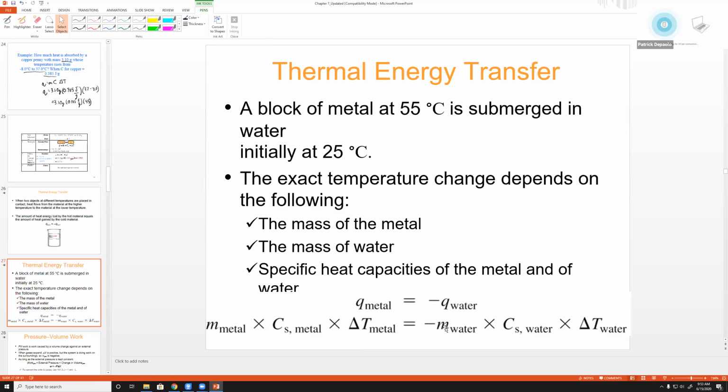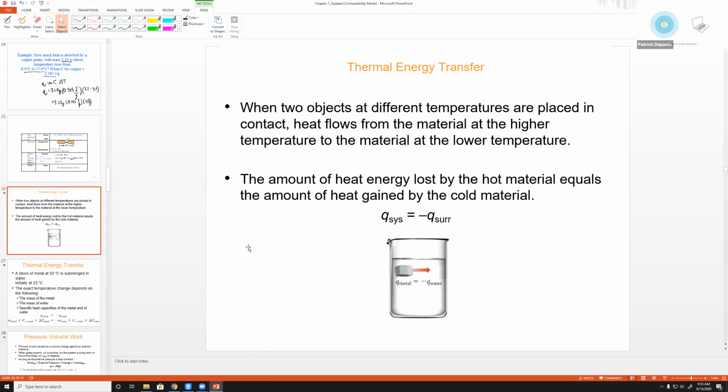The water has a mass, the water has specific heat, 4.184, and the temperature change of the water would be T final minus 25. So you can use that to solve for your final temperature, basically just equating two Q equals mcΔT equations in an energy transfer.